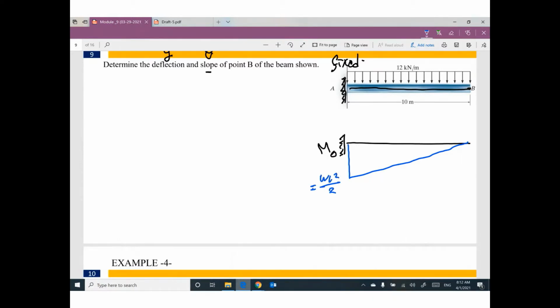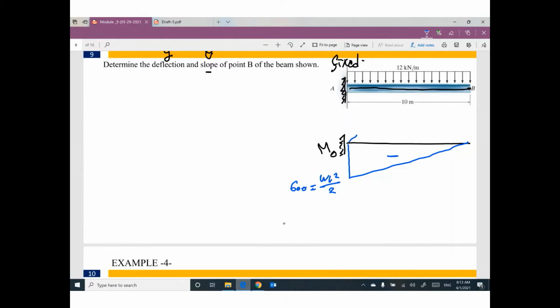What is the value of W? Just a second to grab my calculator. W is 12. L squared, 10 squared, divided by 2, so the value will be 600, and it is negative.